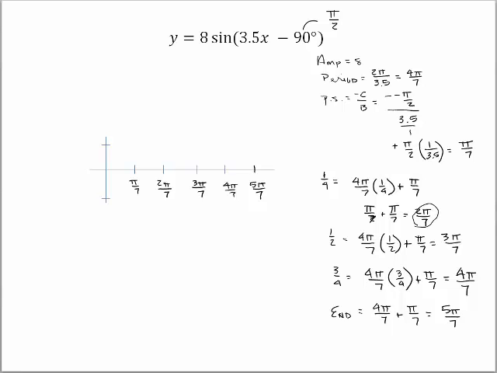All right, let's get our graph. We're going to start at pi over 7. It's a sine graph, so it's going to start on the 0, 0. Oh, we didn't put in our amplitude. Let me go back and do that. Okay, now we're ready. This will be our midpoint, and this will be our endpoint.